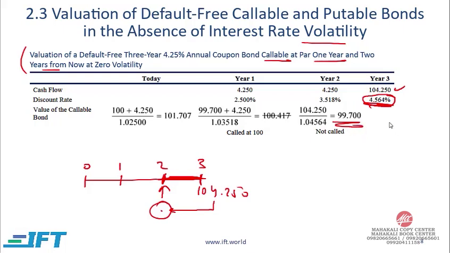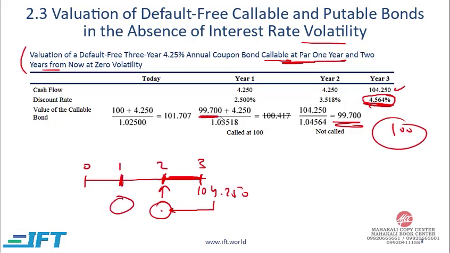Since this number is less than 100 and 100 is the value at which this bond can be called, it is callable at par. Since the market price based on this calculation, or the expected price, is less than par, the bond will not be called. What about the price of the bond or the expected price of the bond over here at the end of year 1?